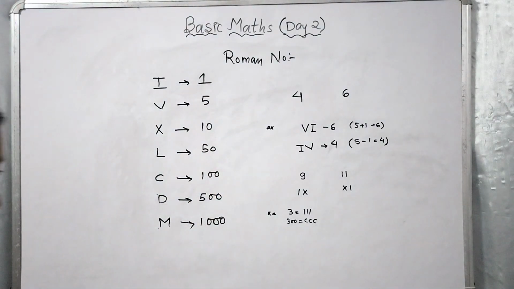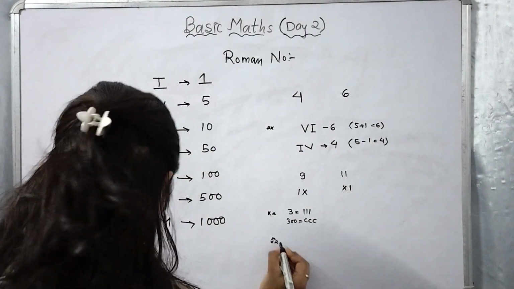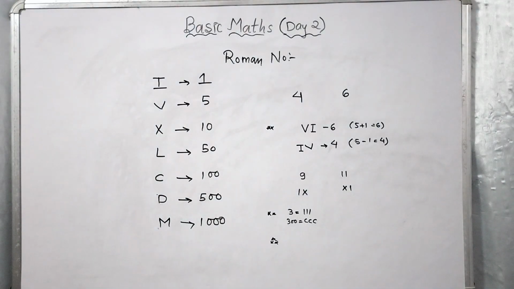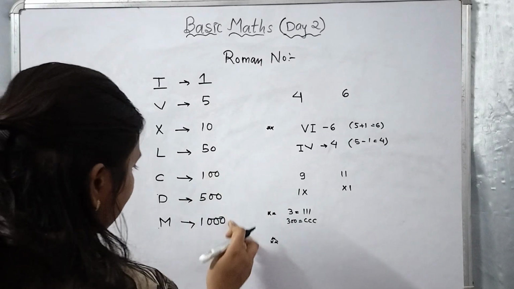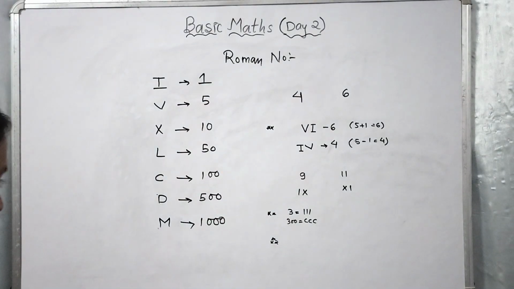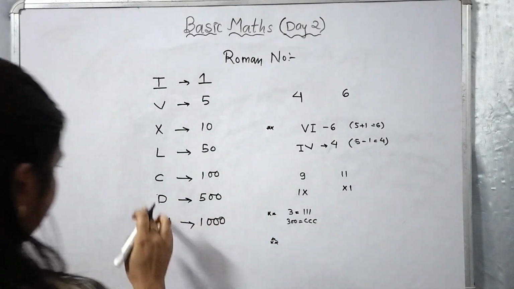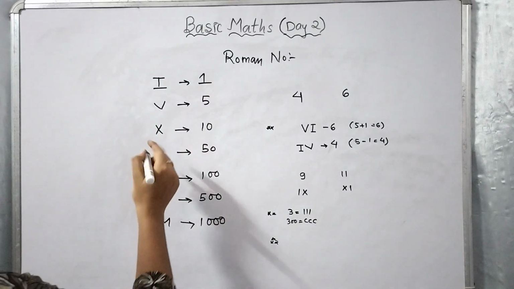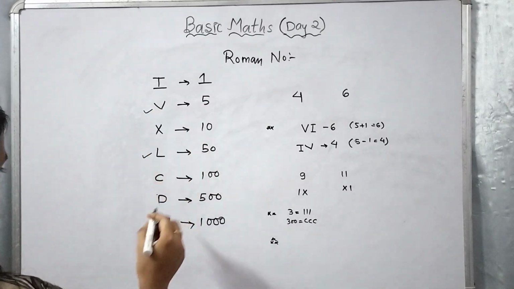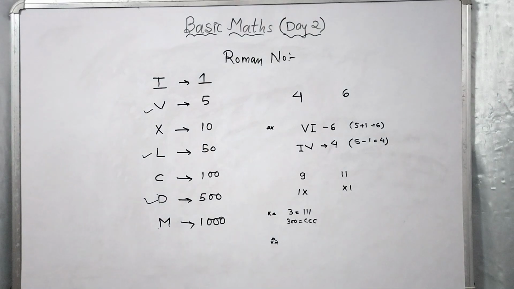And our third rule is that V, L and D can't be written twice.